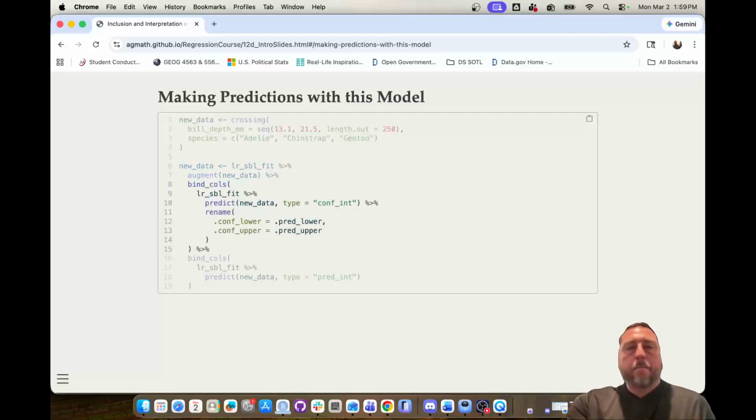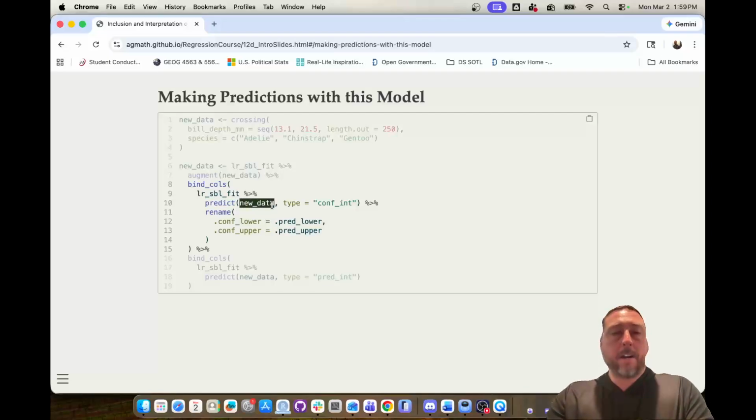Next, I'm going to add more to it. I'm going to take my model and use the predict function instead of augment. Predict is a little bit more flexible, but it gives you less information back. It only gives you back your predictions. I'm going to predict on my new data. So this is all these penguins again.